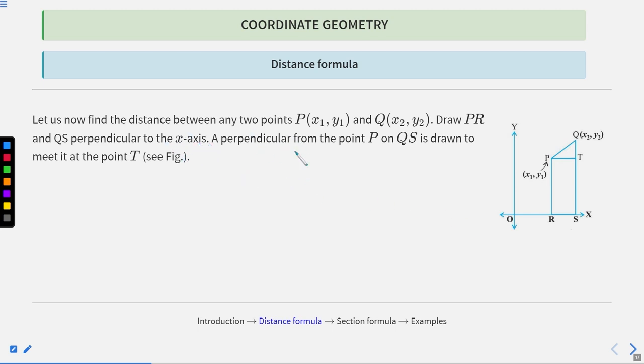And a perpendicular from P to QS is drawn and meets at the point T. So this is our perpendicular to QS from the point P, and it meets at the point T.